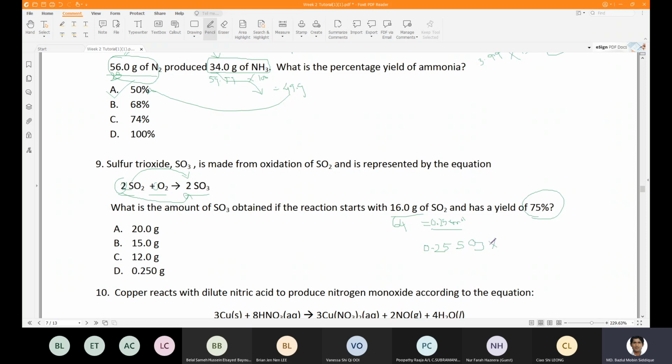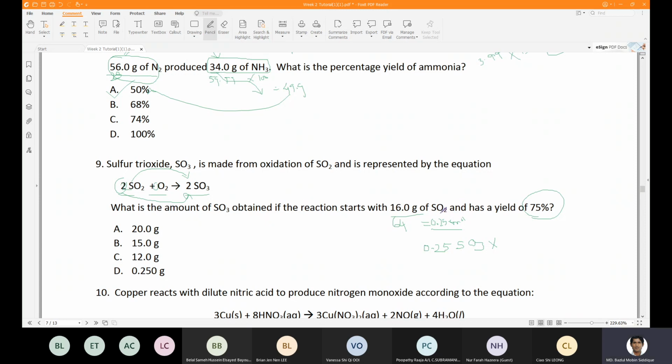So 0.25 moles of sulfur trioxide times the molar mass of sulfur trioxide. The molar mass of sulfur dioxide is 64, isn't it? 64 plus 16, that is 80.